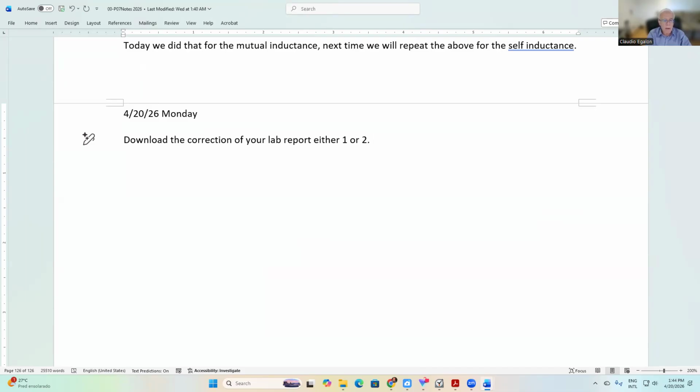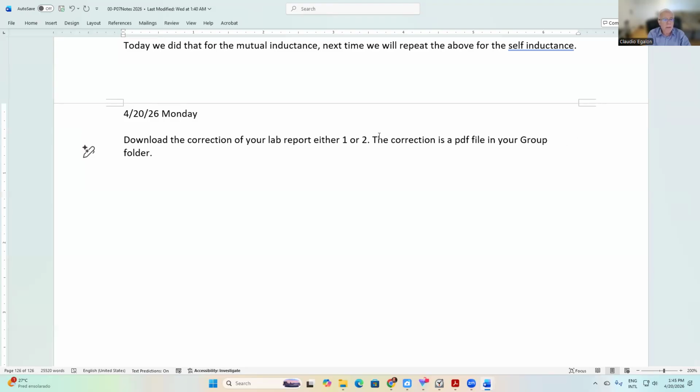So the correction is a PDF file, like I mentioned in the announcement, right? The correction is a PDF file in your group folder.